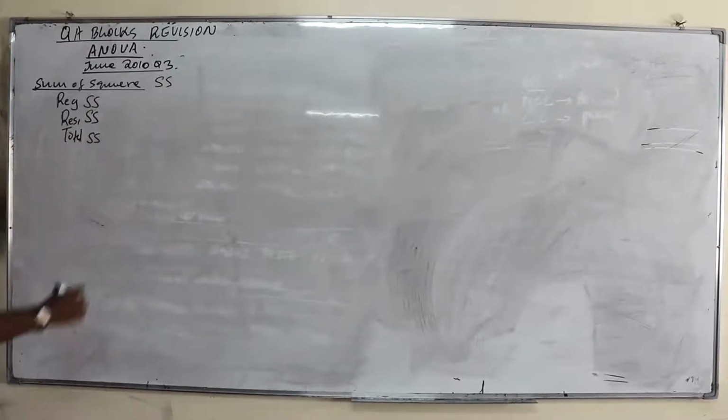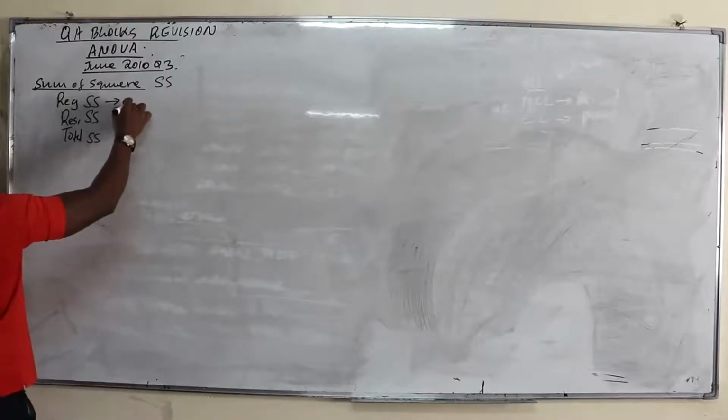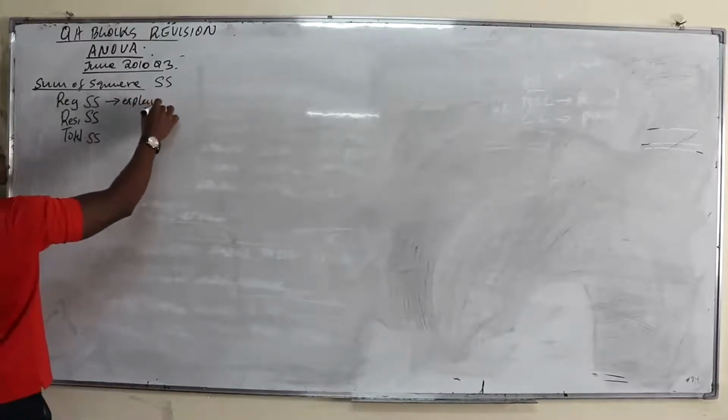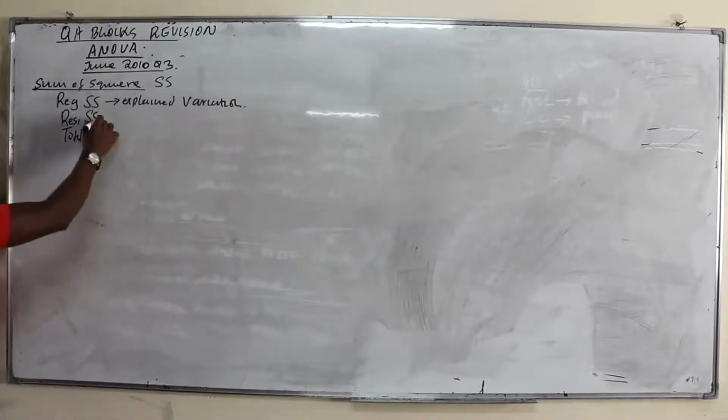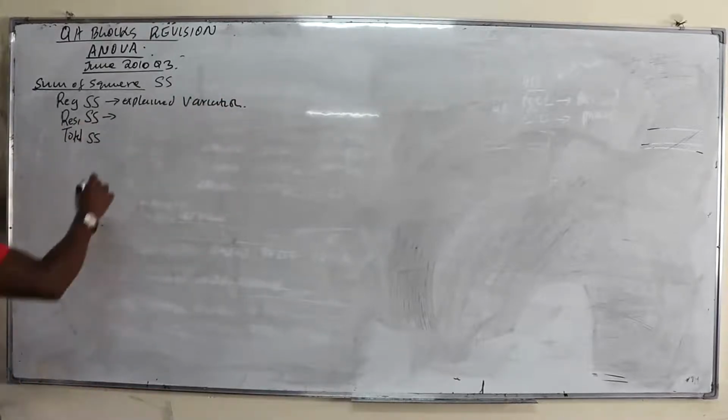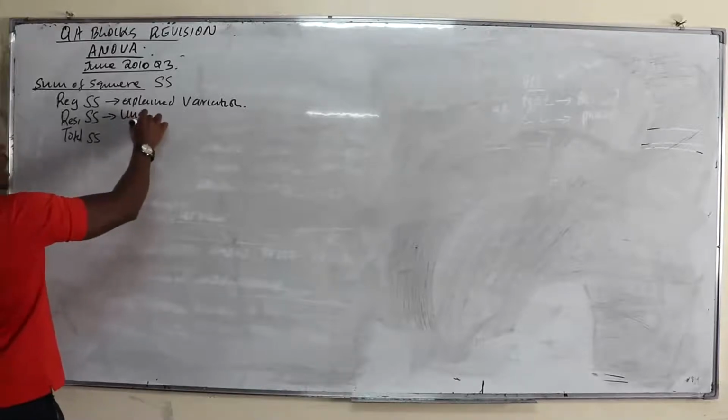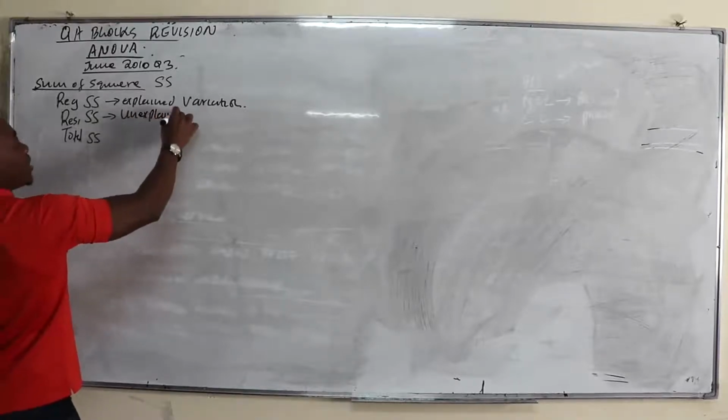Now the regression sum of squares is what we call the explained variation. The residual or error sum of squares is what we call the unexplained variation.